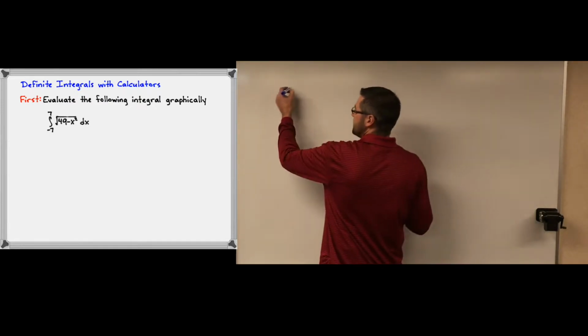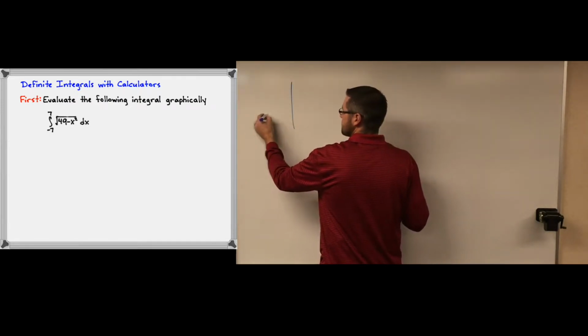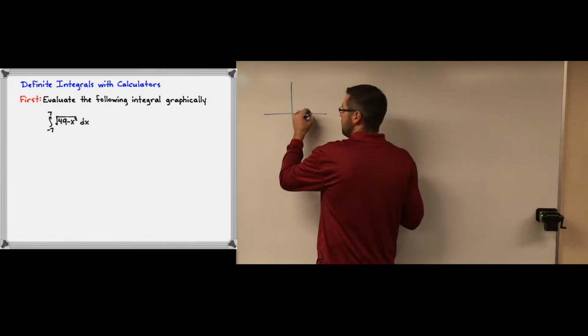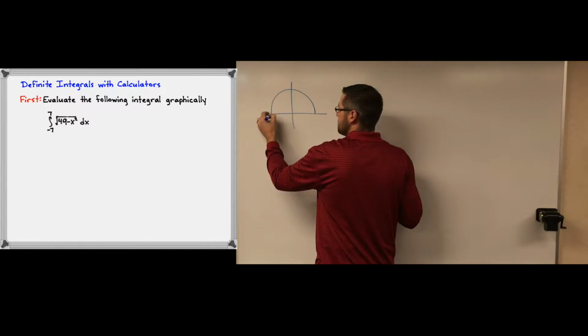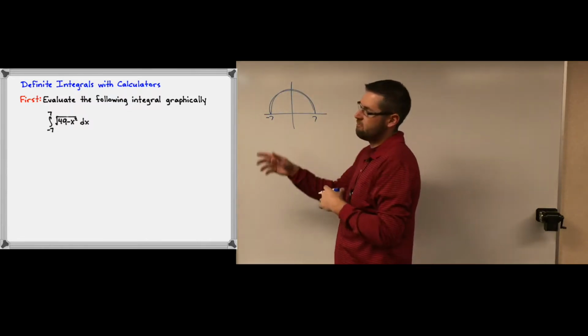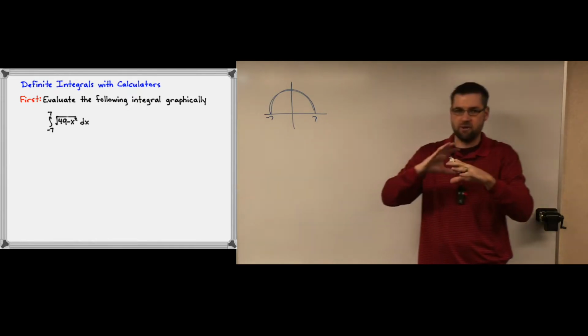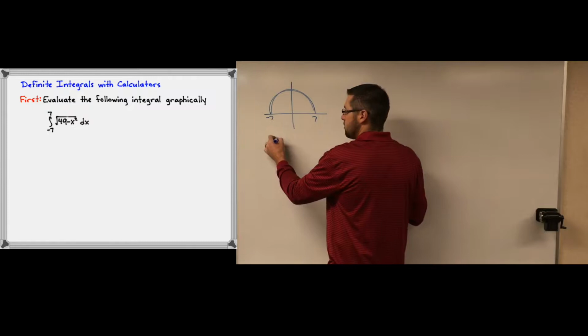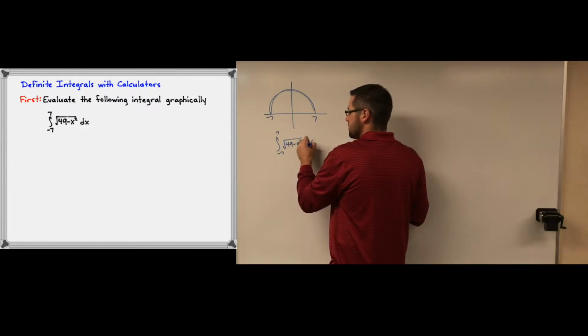So graphically, what is this? Semicircle. Okay. So it's a semicircle with a radius of 7, so -7 and 7 there. And we are looking for the integral from -7 to 7, so we're looking for the area of the whole semicircle this time, right? So the integral from -7 to 7 of the square root of 49 minus x squared dx is equal to what?